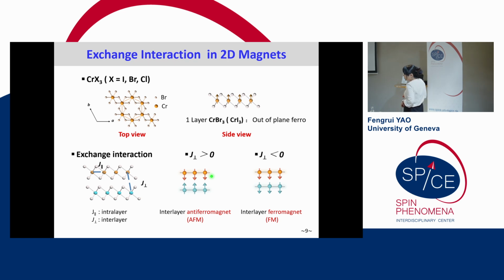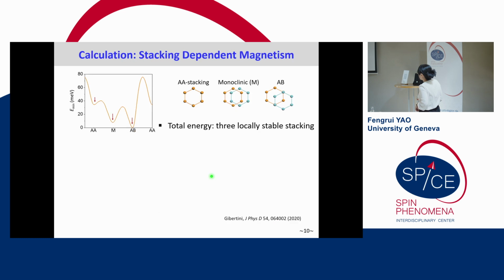As I said previously, these stackings can be changed by interlayer sliding, but we only care about three stackings here, because according to DFT calculations, only these three have a local minimum in energy. That is, only these three stackings are possibly stable.